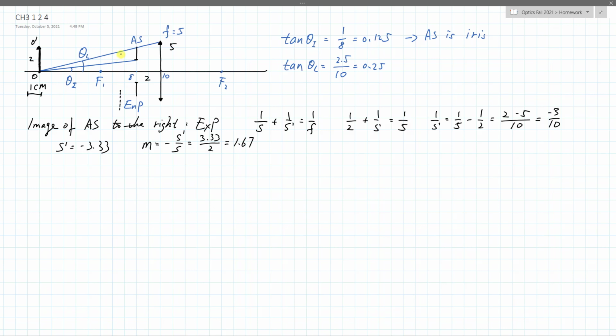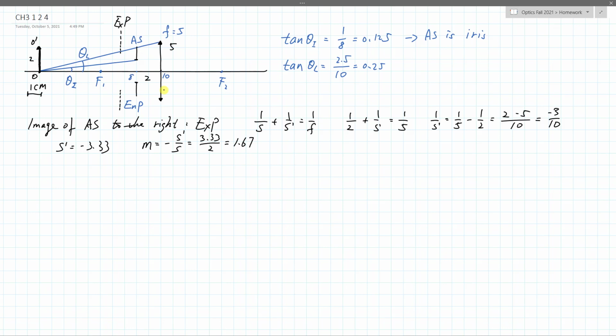So that is the exit pupil, which is the image of the aperture stop through that lens in the forward direction. Now we have done this, and we have other questions about the image. The question: determine the position and the size of the entrance and exit pupil. We did that, and sketch the chief ray and the 2 extreme rays through the system.